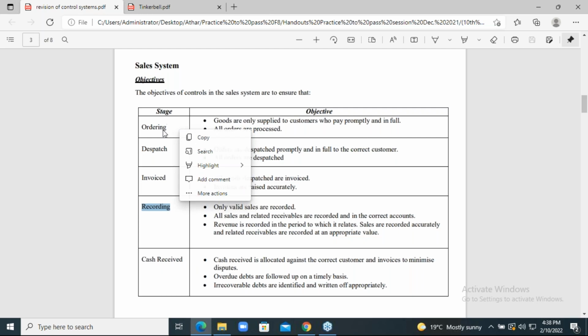So at the ordering level and dispatch level, our objectives are different. Yes, they are matching. If the ordering system is strong, then yes, bad debt will reduce. But bad debt is not dependent on the ordering stage only. It is dependent on different other items as well, and this is tackled at the level of cash received and recording the entry.